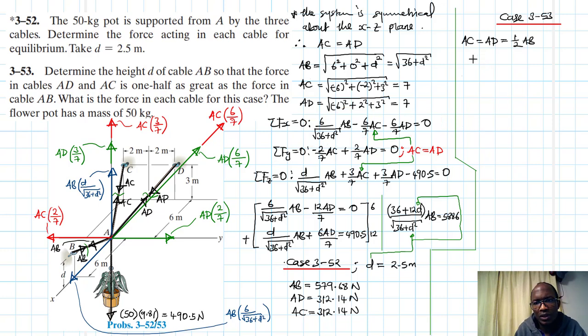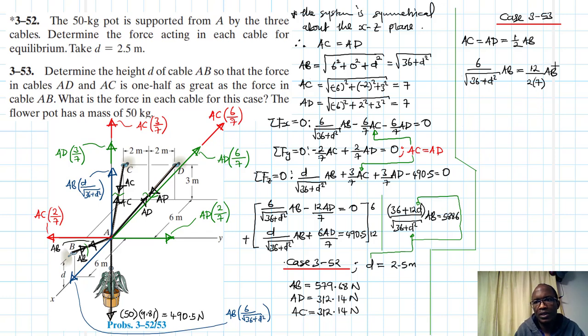So this one we are going to write it as 6 divided by root of 36 plus d squared, by AB. Alright, and then minus, we can even say equals to, we take the other side, since AC and AD are equal, this will be 12, and then AC we said is equal to 1/2 AB, so we replace this 1/2, it becomes a 2 by a 7 AB, like so.